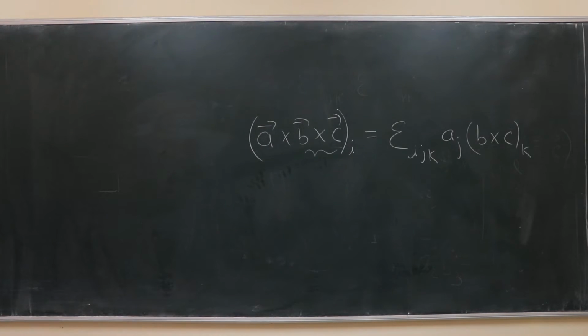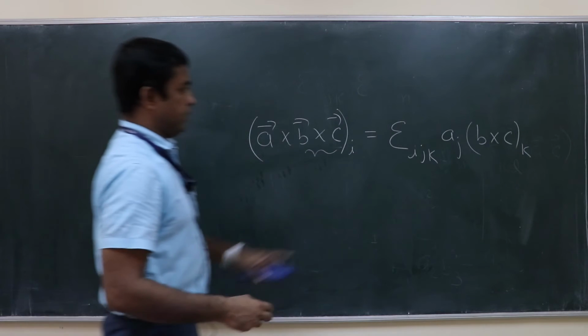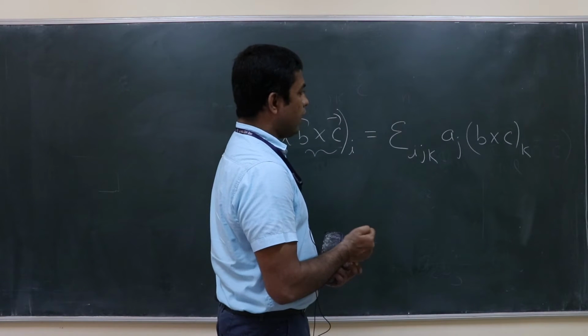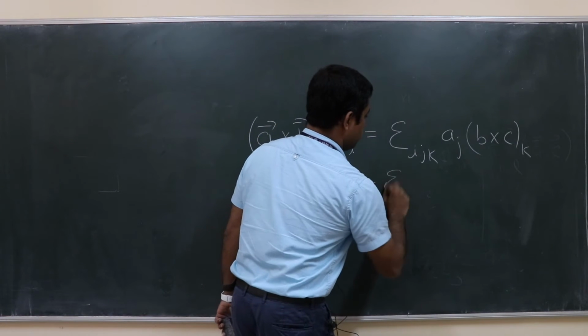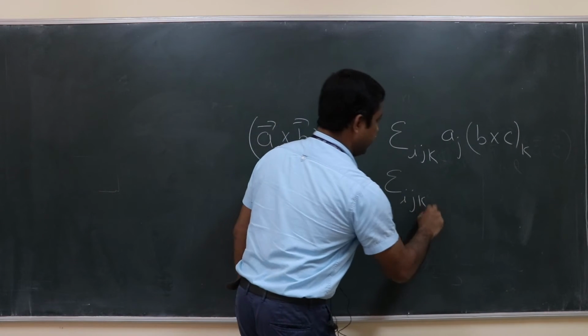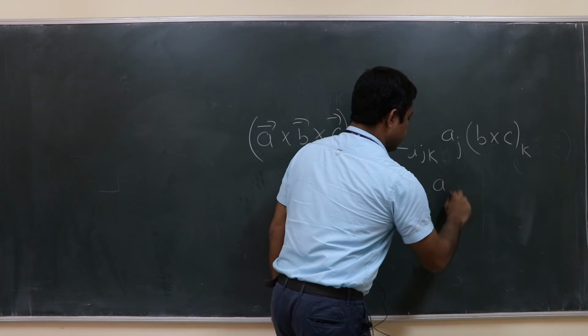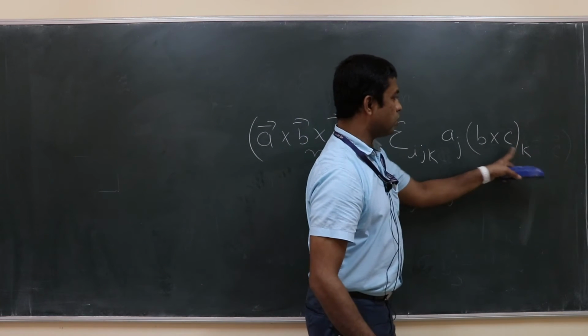No, sir. Okay, so this is fine. Now this is equal to epsilon ijk Aj, which you keep there. What is (B cross C)k?